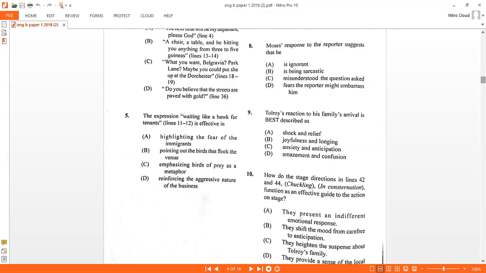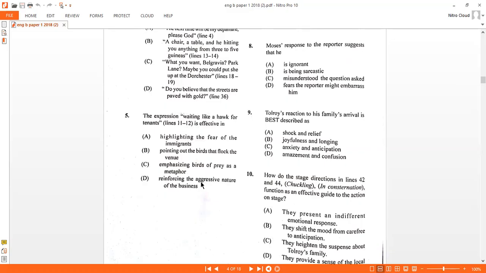Were we able to see the imagery of the man waiting, just like how a hawk would wait for its prey and then attack at the right time? The answer for 5 would be reinforcing the aggressive nature of the business of being a landlord and trying to find tenants and the whole process that it involves. Let us go to number 6.